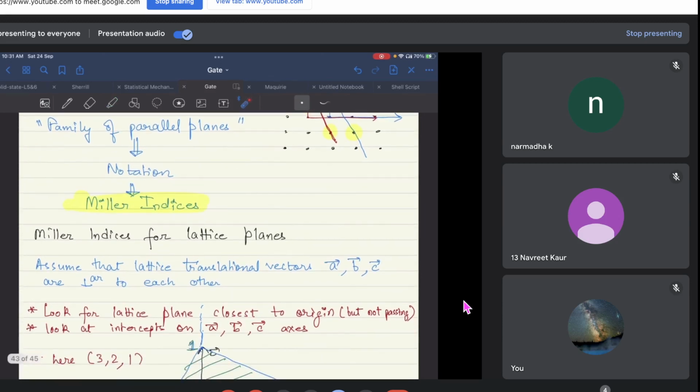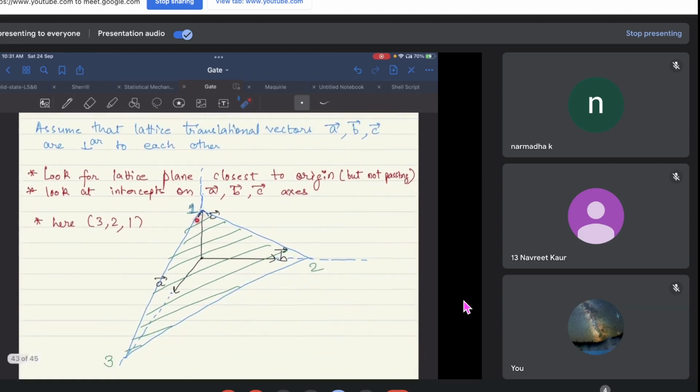Now coming to the concept of Miller indices for lattice planes. Assume that the lattice translational vectors, that is the a, b and c vectors, are perpendicular to each other. For example, in this figure, you can see that a, b and c are perpendicular to each other. The first step is to look for the lattice plane closest to the origin, and that plane should not be passing through the origin.